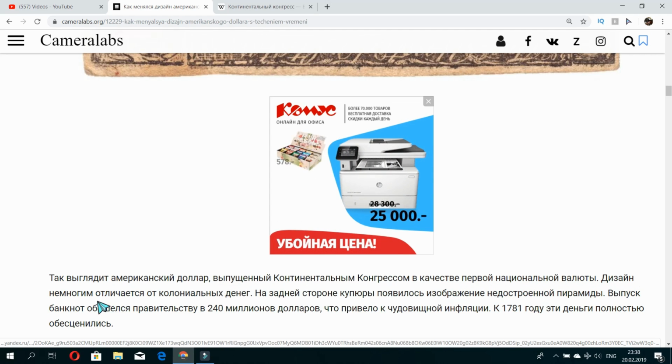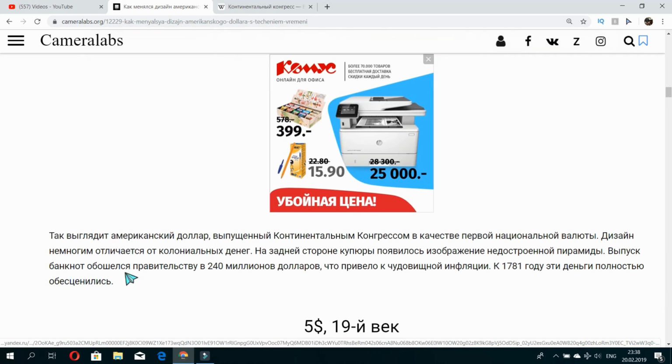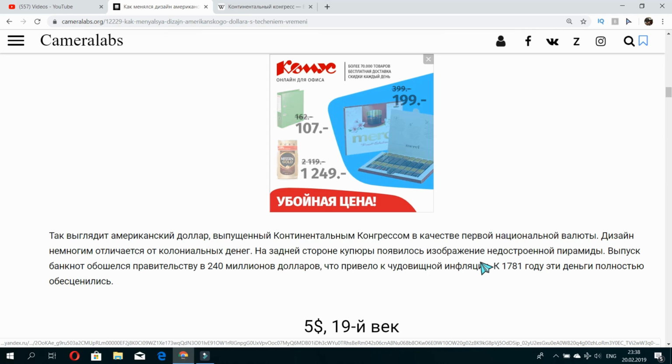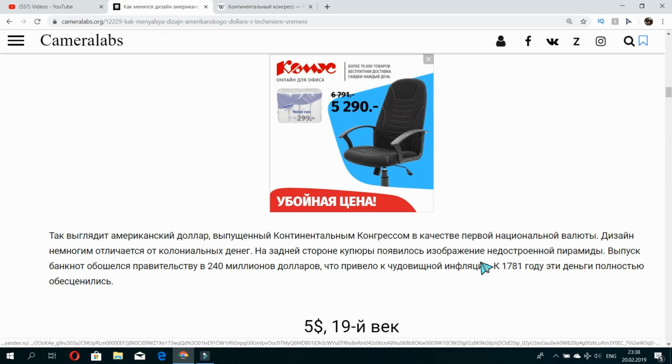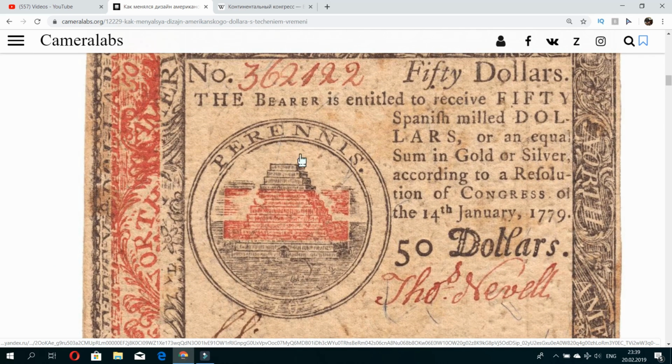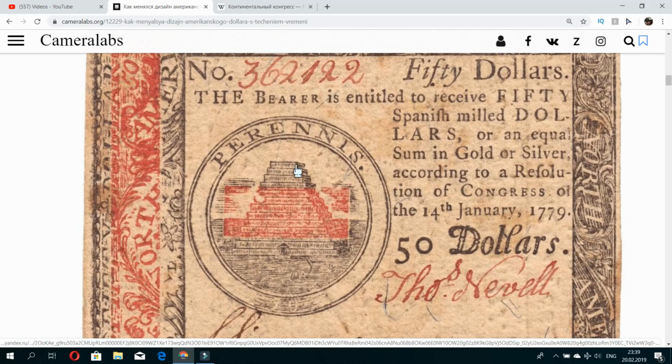The design was a little bit different from the colonial money. So they had colonial money before, and on the back side of this paper there was the image of a not constructed pyramid, so not finished pyramid, right?